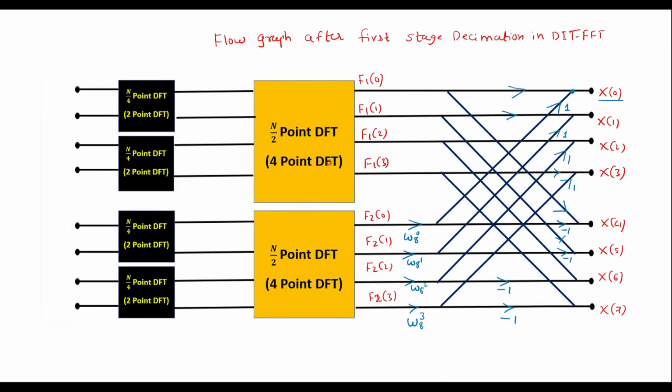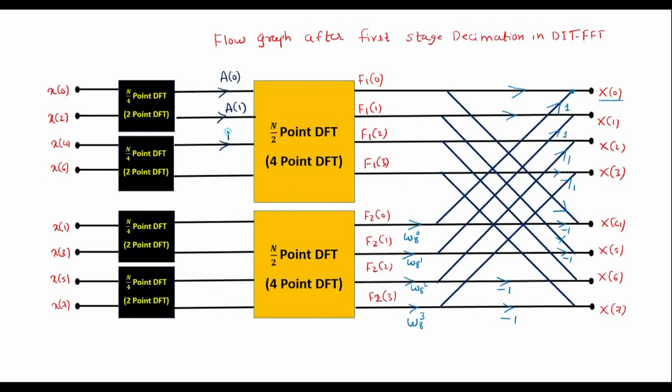Now let's see the second stage decimation, that is 4-point DFT. So now this process of decimation continues. Now we'll do the second stage decimation, where the 4-point DFT is decimated into two 2-point DFTs. So here, let the input for this be a of 0 and say a of 1.